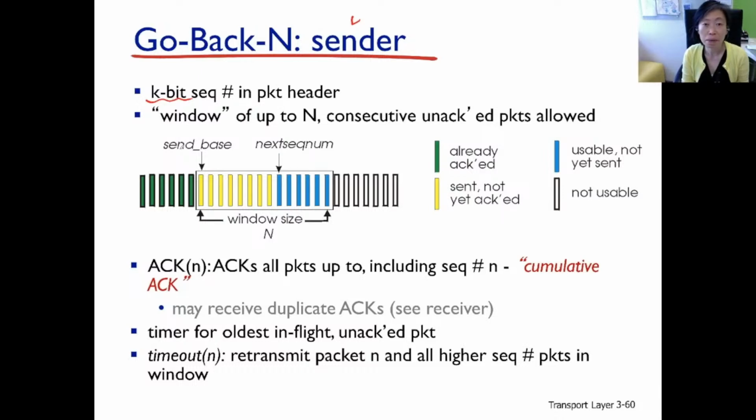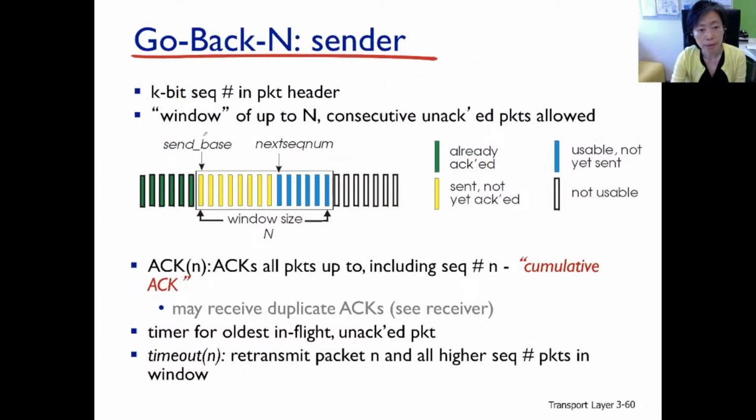But now, Go-Back-N being a pipeline RDT, we allow multiple packets in transit without being acknowledged. So you need a higher number of sequence numbers to tell all these in-flight packets apart. You are correct, we now definitely need more, and k here is obviously larger than 1. Having k bits in the packet header as the sequence number field, the sequence number can range from 0 all the way to 2 to the power of k minus 1.